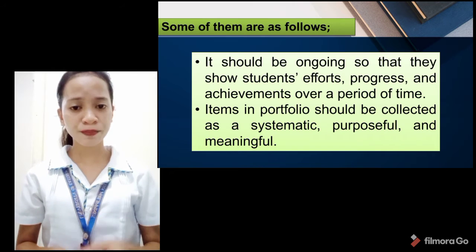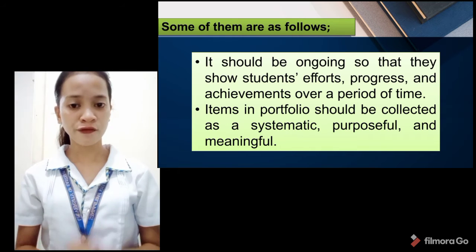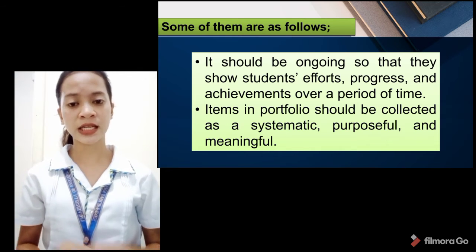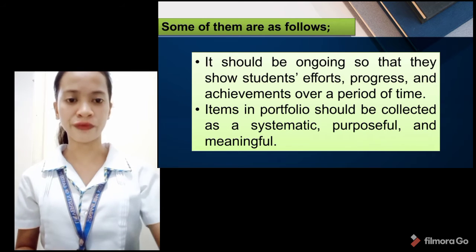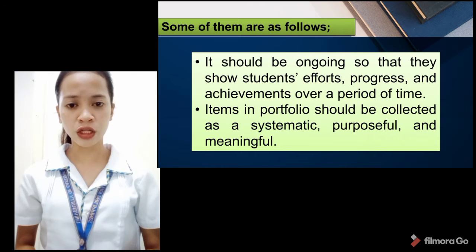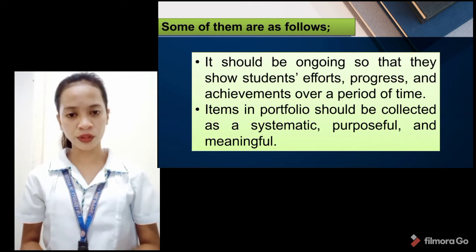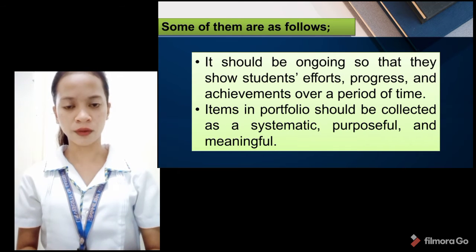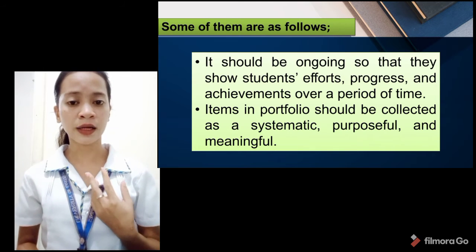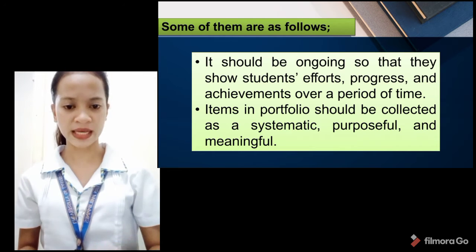Then, it should be ongoing so that it shows students' efforts, progress, and achievements over a period of time. Then lastly, items in the portfolio should be collected in a systematic, purposeful, and meaningful way. So that is the important points in the portfolio developing process.